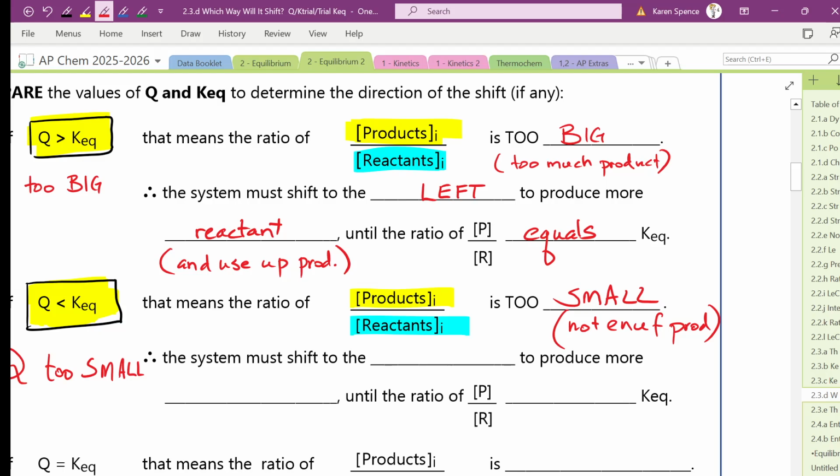And I tend to think in terms of product because it's the one that's on top, so it's easy for me to see, oh, I need more product, or I know I need less product. But of course, the reverse thing is always going to happen to the reactant. So the system is going to shift to the right to produce more product until the ratio of product to reactant equals KEQ.